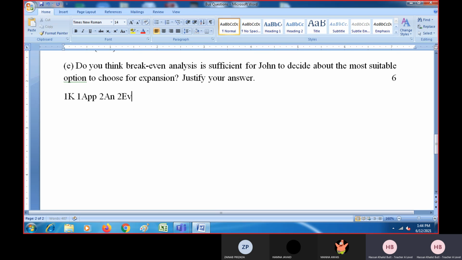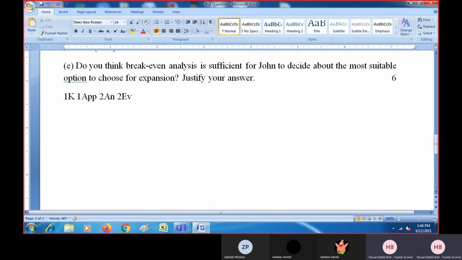So this is the way to go. The statement of the question is always addressed at the end, when you do your evaluation part. So we won't start with the statement; we'll simply start with the advantage.